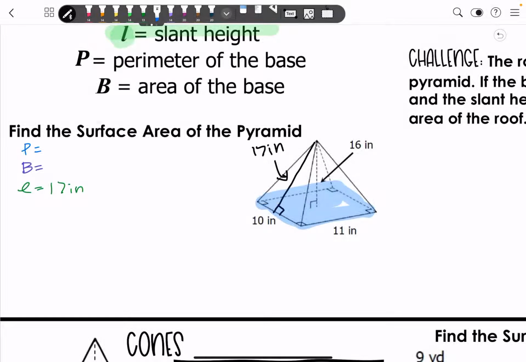Now the perimeter of this is going to be 10 plus 11 times 2, so that gets you 42. The area of that base is 10 times 11, so it's going to get you 110 inches squared. And then what we're going to do is we're just going to plug this into our formula.